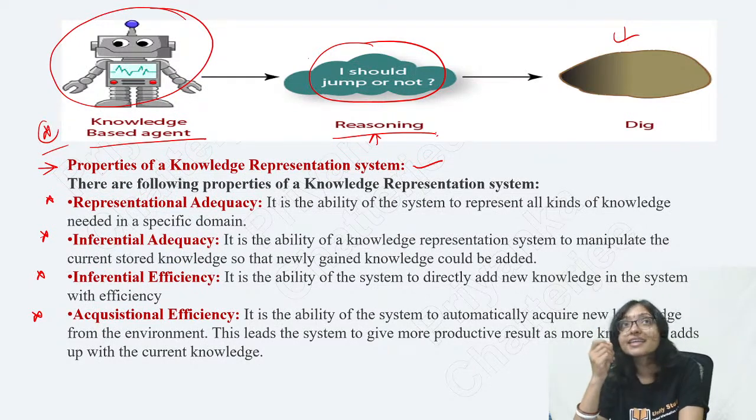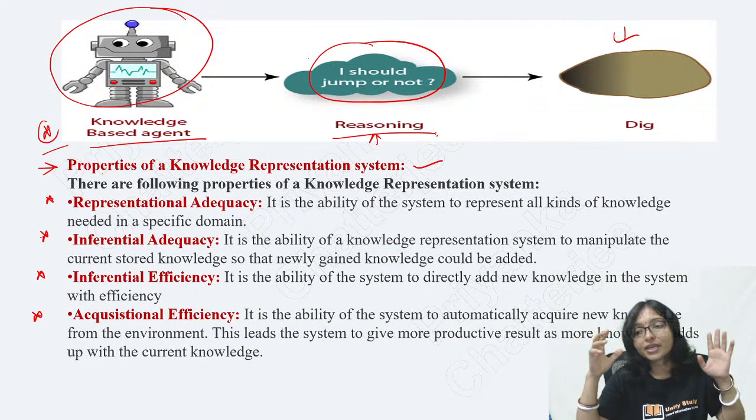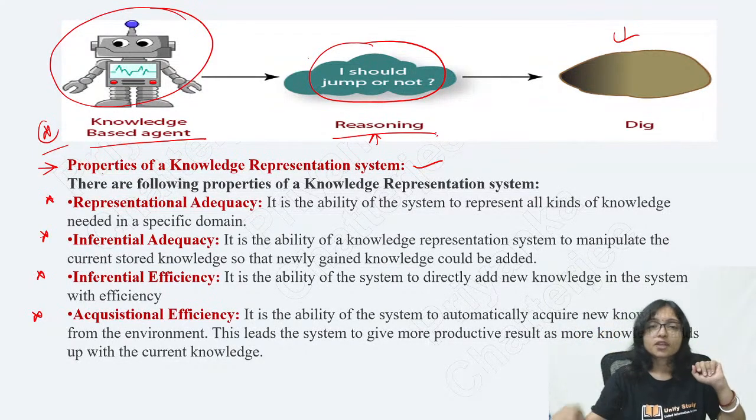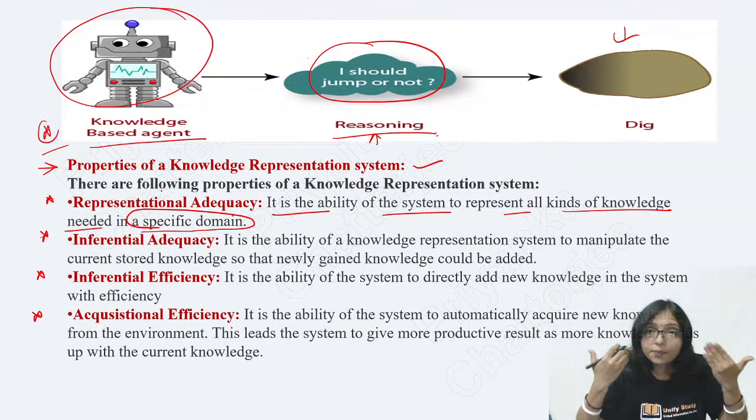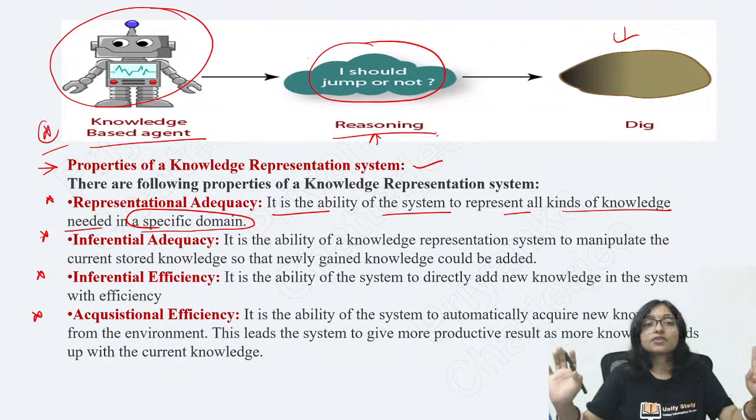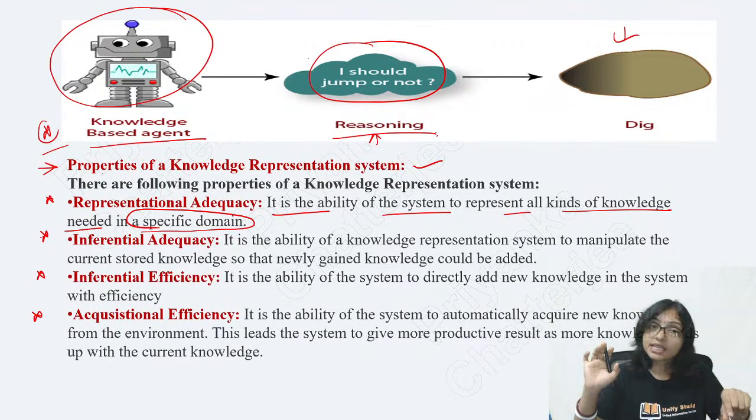By listening it looks the same, all look the same, but it is not the same. What is representational adequacy? It is the ability of the system to represent all kinds of knowledge needed in a specific domain. You are able to represent all knowledge in a specific domain, that is representational adequacy.